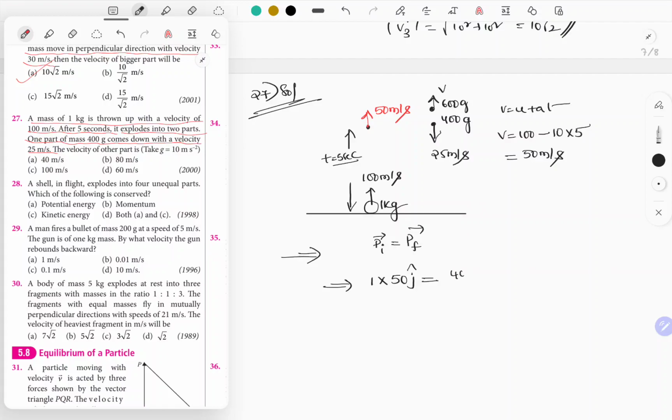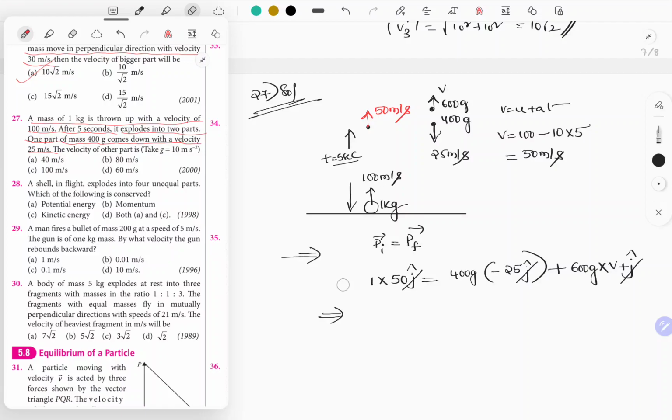One particle of mass 400 grams is moving downward. As it is downward, I can represent it as minus 25 j cap. Next, plus another particle of mass 600 grams, velocity is going to be v j cap. As j cap you can cancel it out, as we have only one direction, either plus or minus you can take.